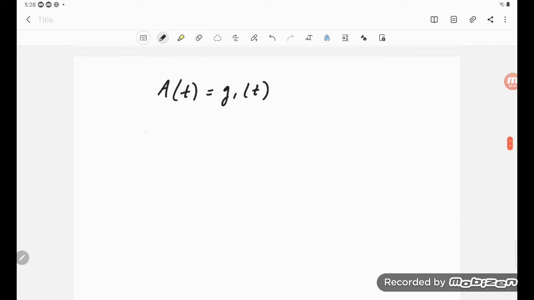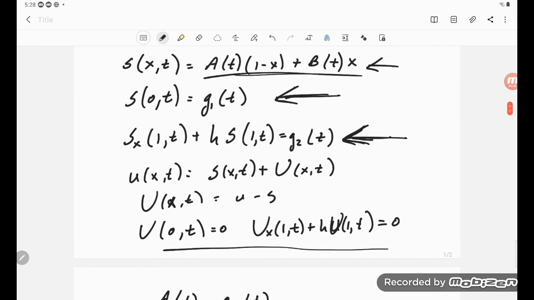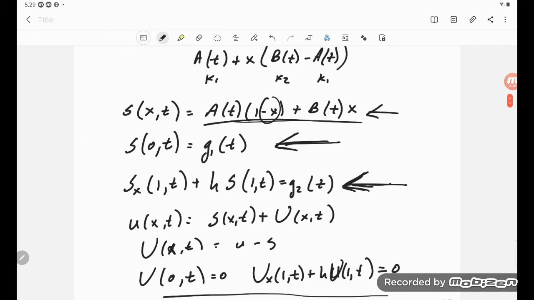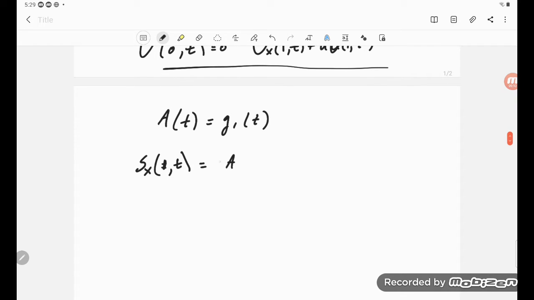Okay, so we get s sub x of 1 and t, that would be a minus, right? Back here we got a minus, so we would have a minus a of t plus b of t.